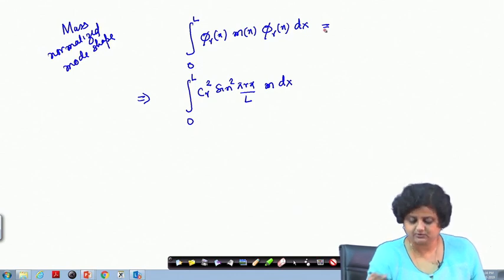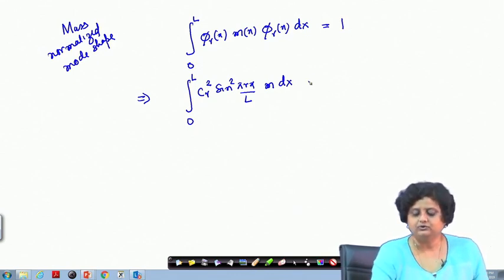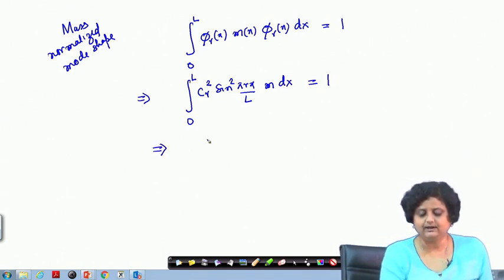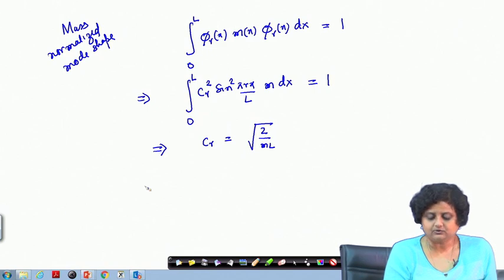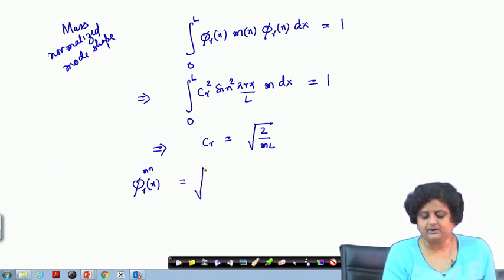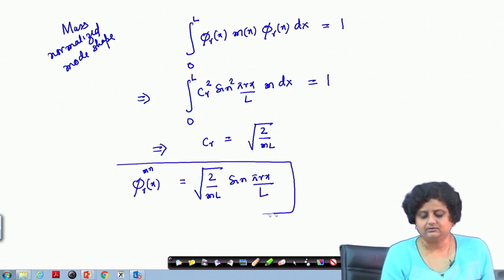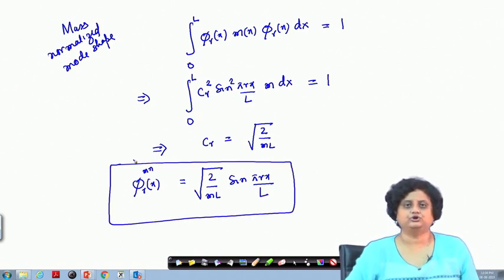Sorry for this mistake, this should be equal to 1. So, that should be forced to 1. If we solve this, we will see that C r turns out to be square root of 2 by m L. Therefore, the mass normalized mode shape phi r x is going to be square root of 2 by m L into sin pi r x by L. So, this is the mass normalized mode shape.